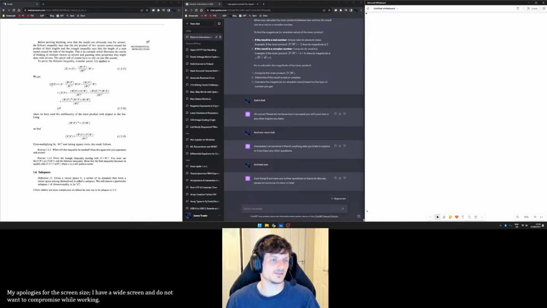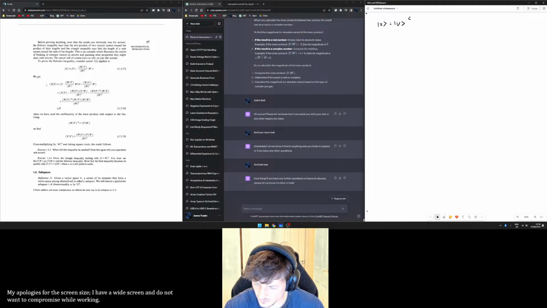Let me get my little cursor here so you can see. Therefore we get the inner product of z. Well, let's try it ourselves. This is quite interesting. It says z is equal to v minus the inner product of w and v over the magnitude of w squared, multiplied by w.